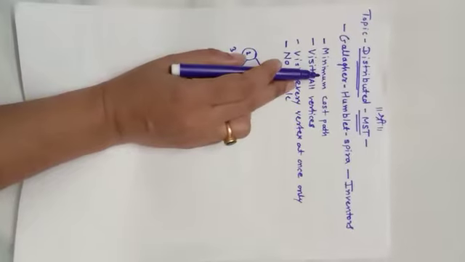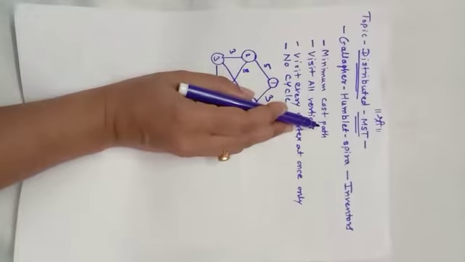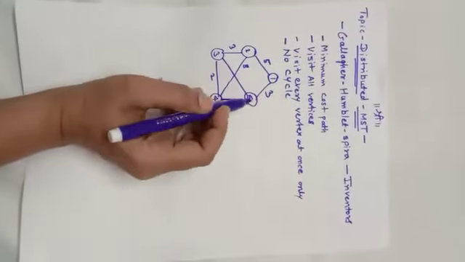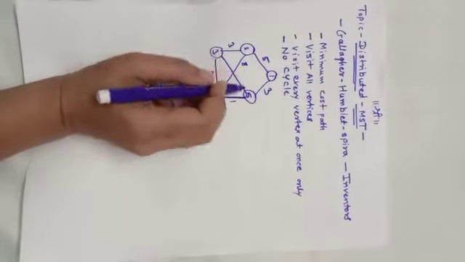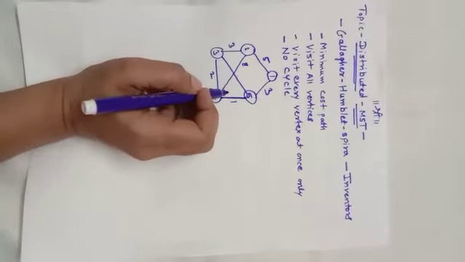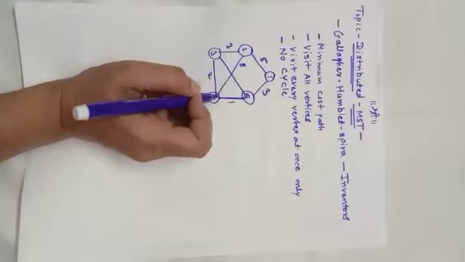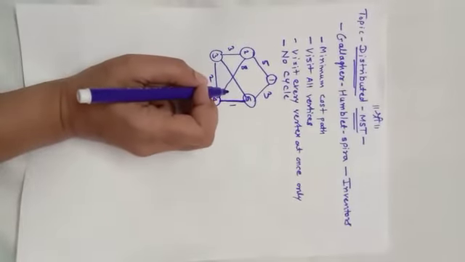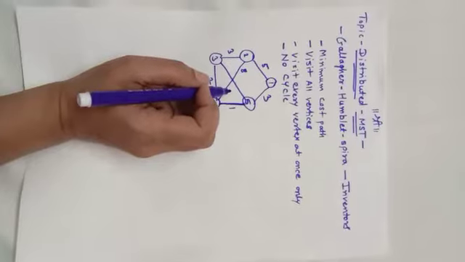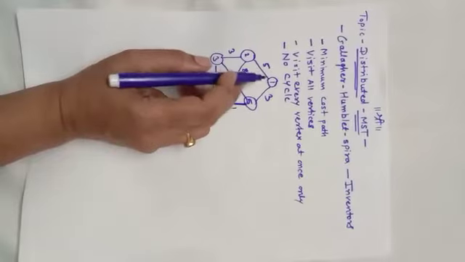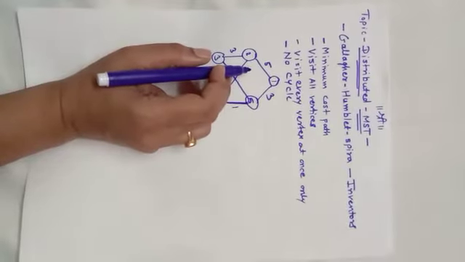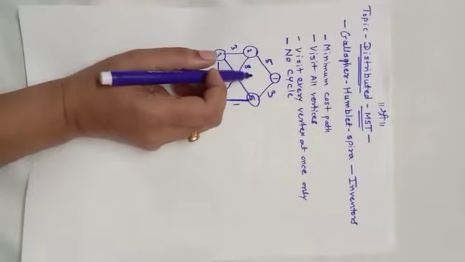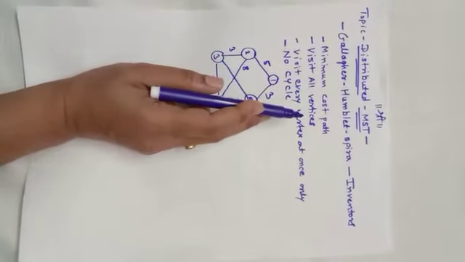Second property is that it should have the minimum cost path. It should be a weighted graph, either directed or undirected, it will not matter. If the directions are given, it should find the minimum cost according to them. If the directions are not given, then without directions, whatever the cost is will be the minimum cost path tree.